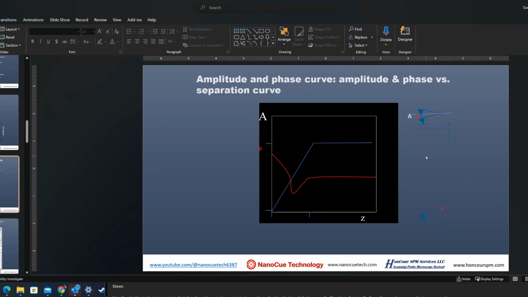It could be a water layer, it could be something else. If you are imaging in this region of attractive force, the tip has a certain separation distance and is imaging in the water layer. And when you're not imaging in this region, let's say using very high amplitude, the tip is above the water layer and hammering down into the sample through the water layer. You can also describe it that way.